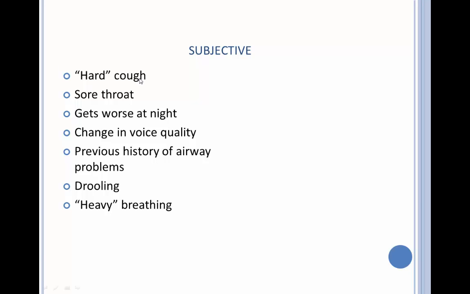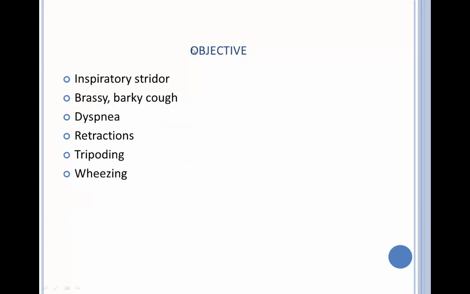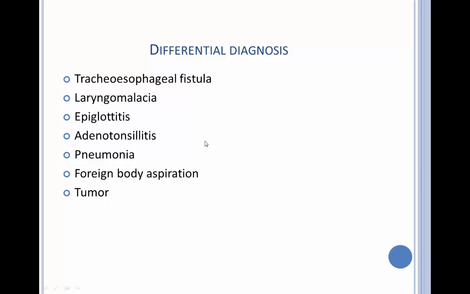So again: hard cough, sore throat, gets worse at night, drooling, heavy breathing, inspiratory stridor, brassy barky cough, retractions, tripoding position. Now, this is the main differential diagnosis.